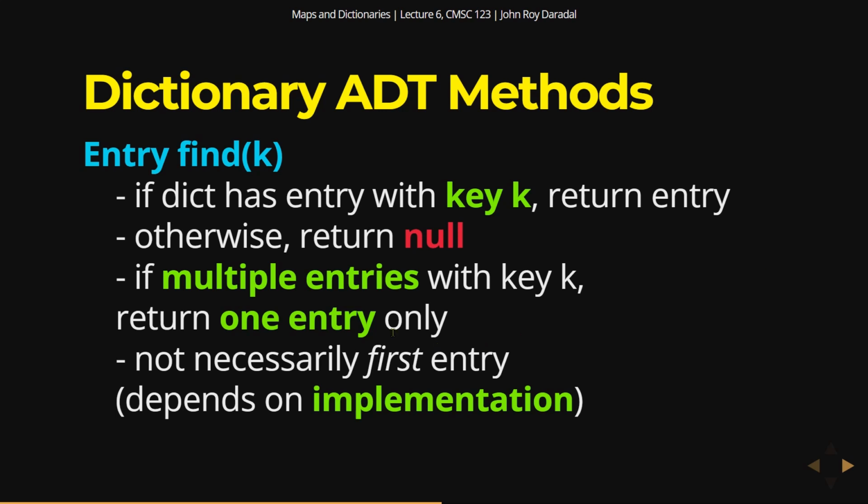As long as that entry has this key k, then it could be returned. Okay, so yeah, we don't know which entry exactly will be returned, but as long as it has this key, then it should be fine. Okay, so that would be find k.